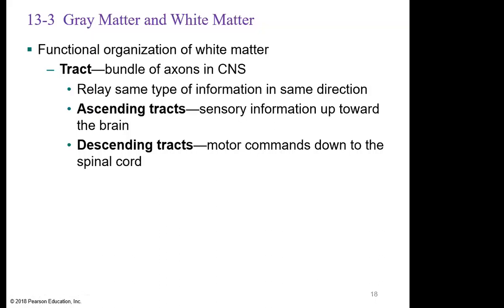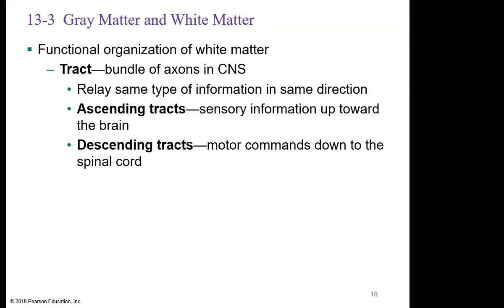The ascending path is going to be sensory information that goes up. In our example, when you cut your finger, that information goes up into the brain, and it lets you know it was your right index finger, not your left pinky finger. That sensory information is going to be so specific in that particular part of the brain.